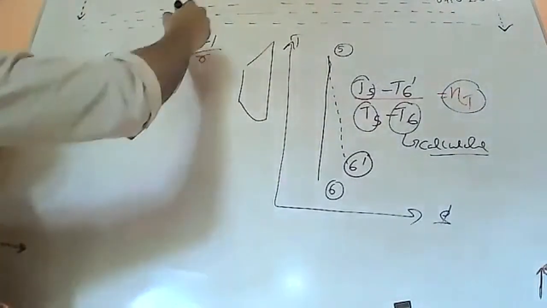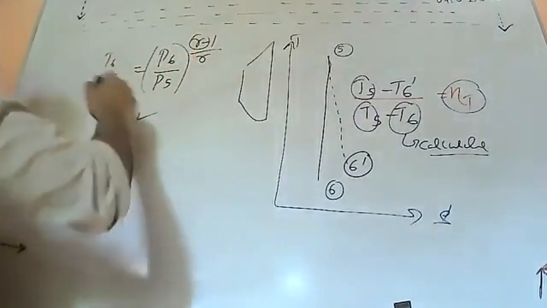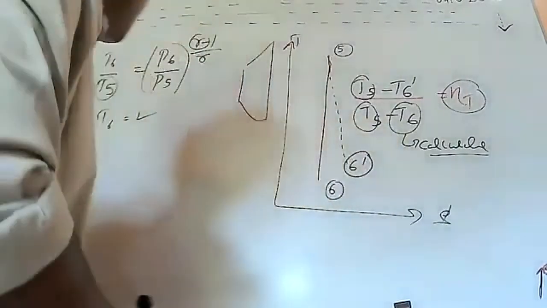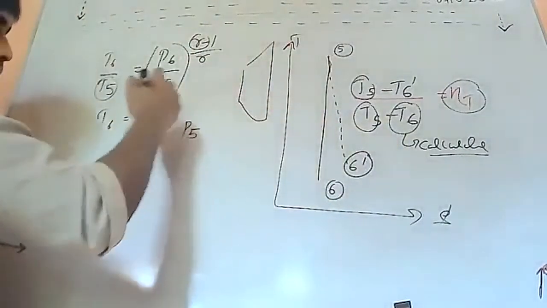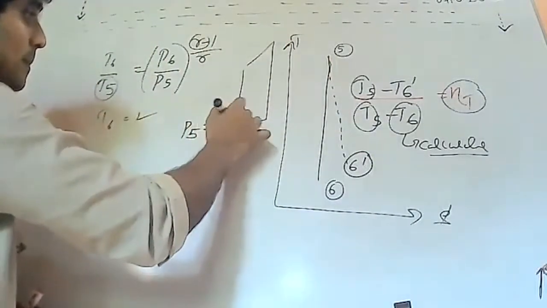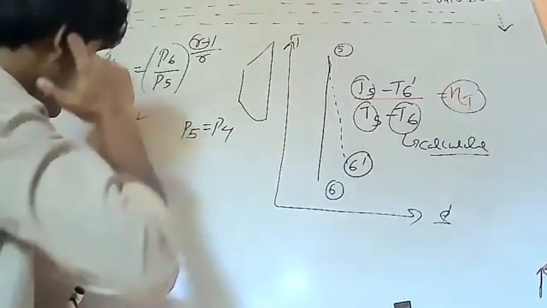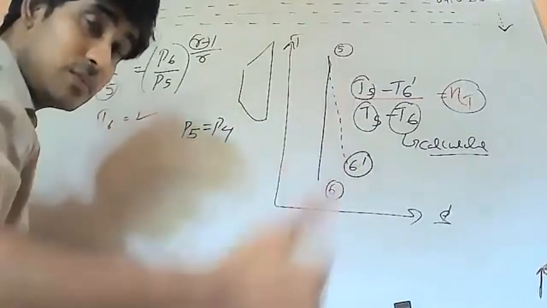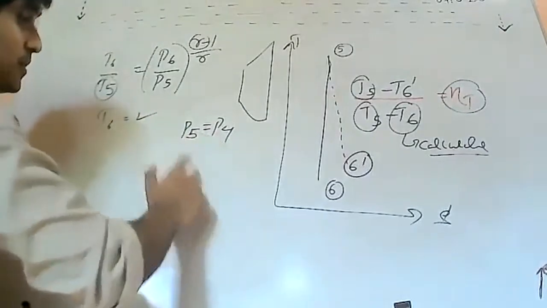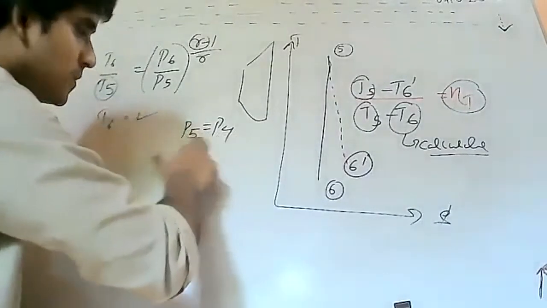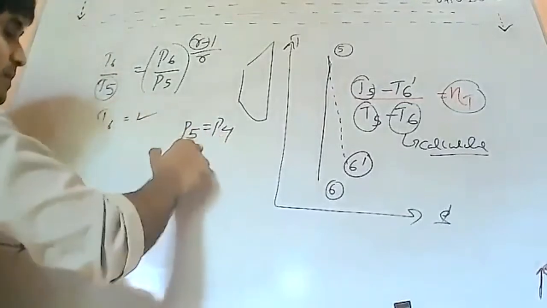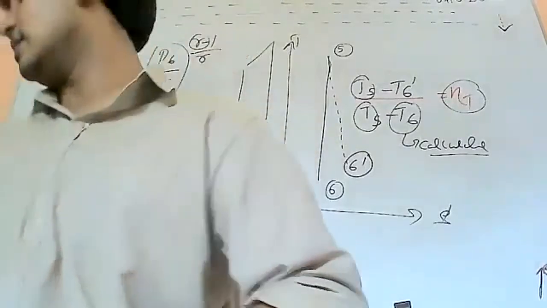Okay, gamma you know, T5 you know, P6 and P5. Do you know that? P5 you know. The reason: P4 equals P5, right? Okay, I will discuss that when I come to the screen. P4 you know, P4 is the same as P5, because from point 4 to 5 there's a constant pressure heating. So from P4 you can get to know P5. Otherwise it will be a problem when you do the calculations.